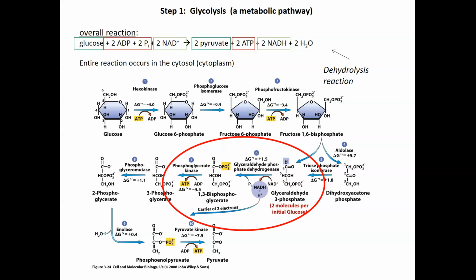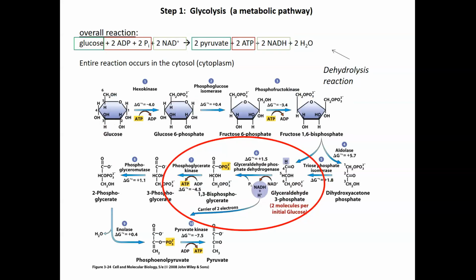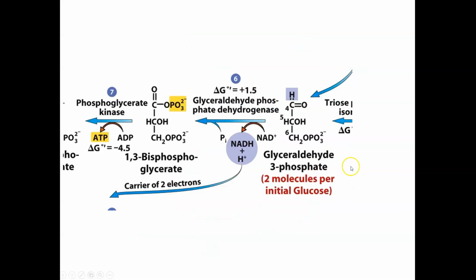But I want you to see that you could actually look at the specifics of these reactions and understand this process. So all I've done here is blown up this one part of the reaction, looking at this particular 6th step in the process. So what I want you to do is take a minute and look at the glyceraldehyde 3-phosphate, which will become 1,3-bisphosphoglycerate.